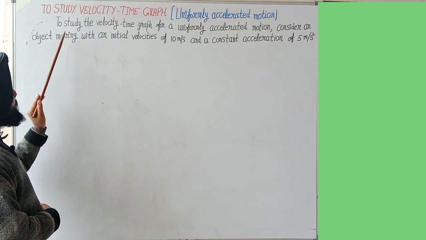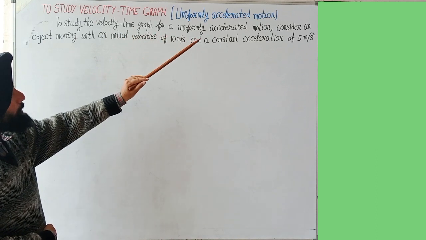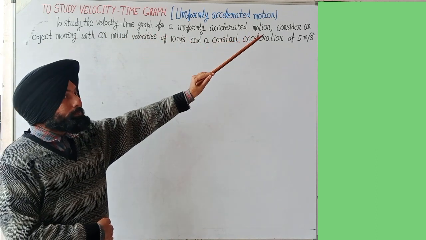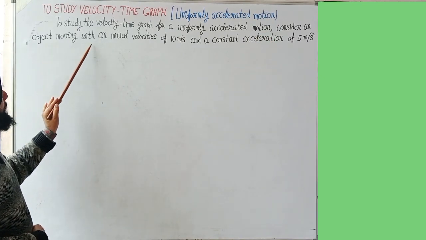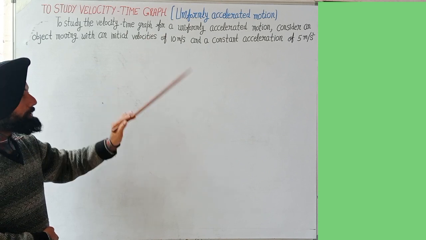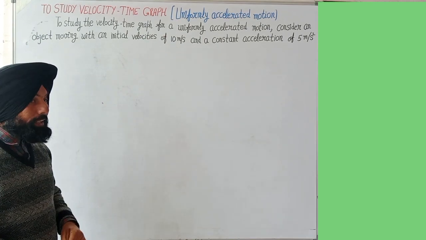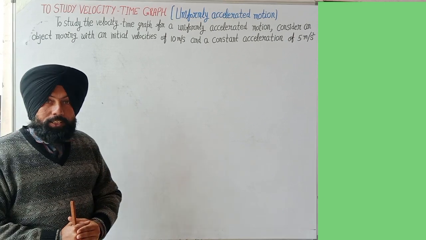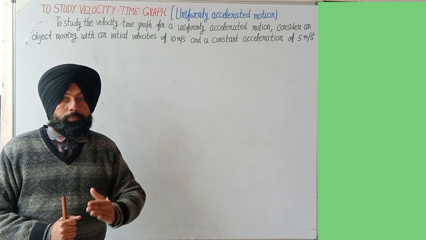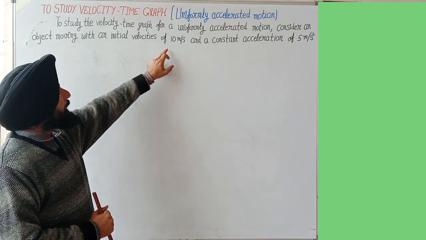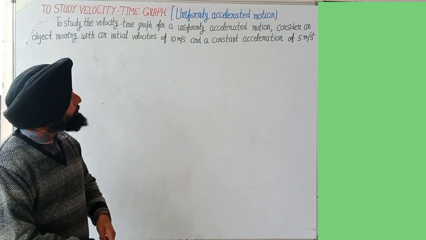Now, to study the velocity time graph for a uniformly accelerated motion, consider an object moving with an initial velocity of 10 meter per second. Initial velocity we take as small u. It's 10 meter per second, the initial velocity of the object.